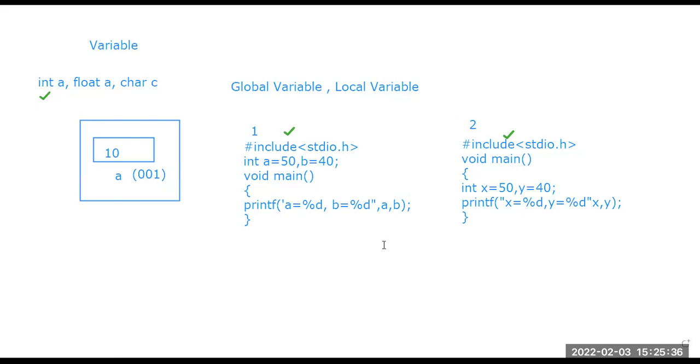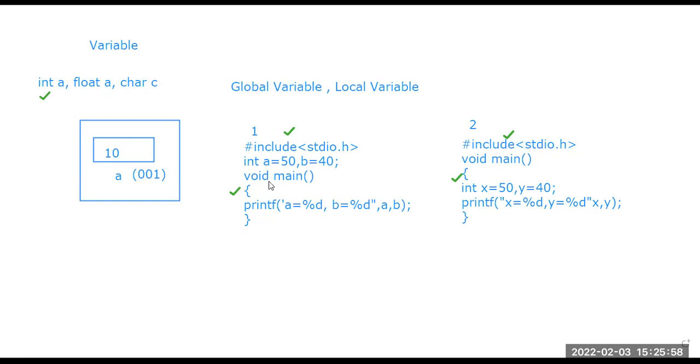Okay, so the answer is correct. Looking at the scenario, one thing you can check is the brackets. Inside the bracket in the first program, we have written only the print statement. In the second program, inside the bracket, we have an initialization and declaration of the variable, and later just the printf statement.